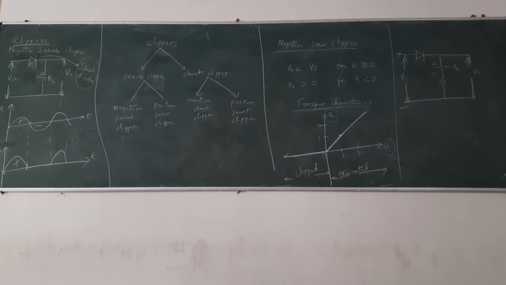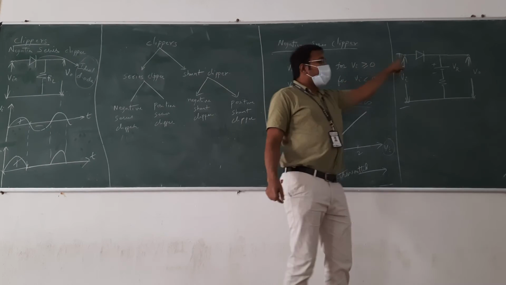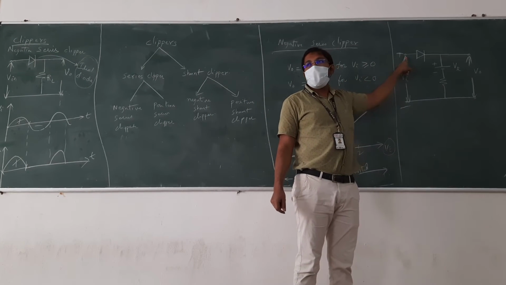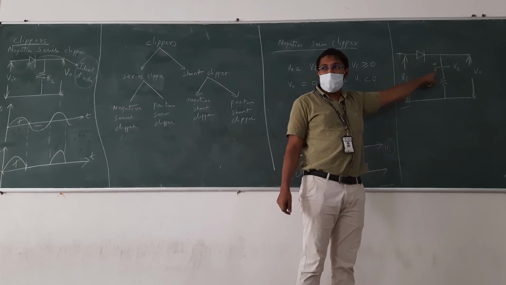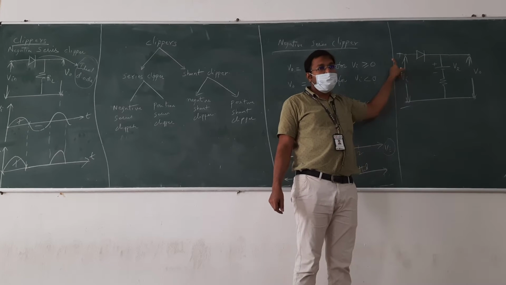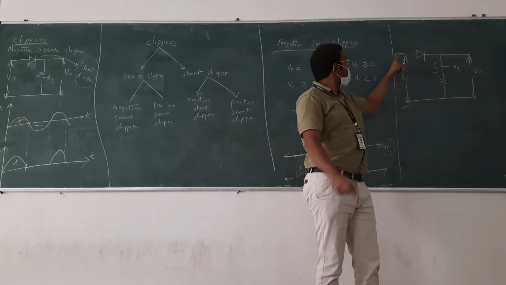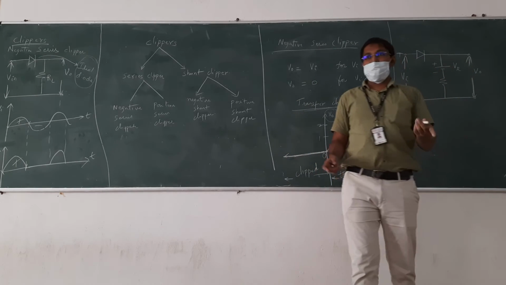See, a hint I will give you. When the input voltage becomes greater than VR, then the diode is on. On means direct connection. Input is directly connected to output.